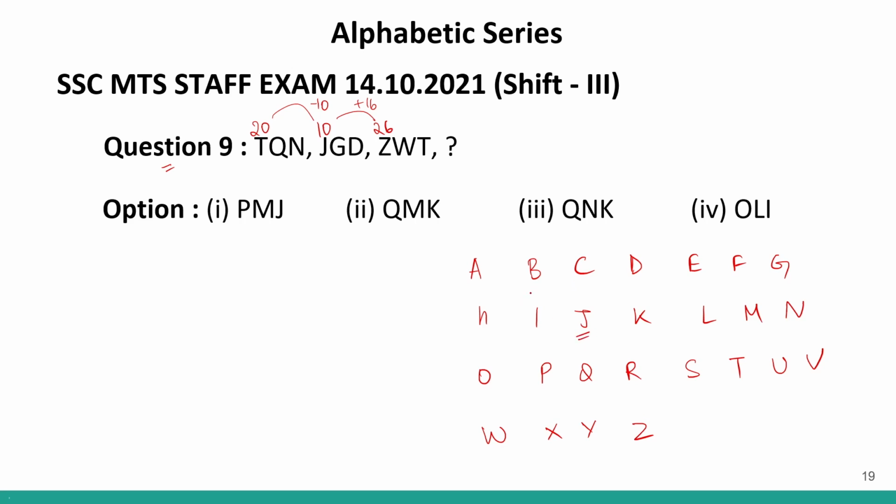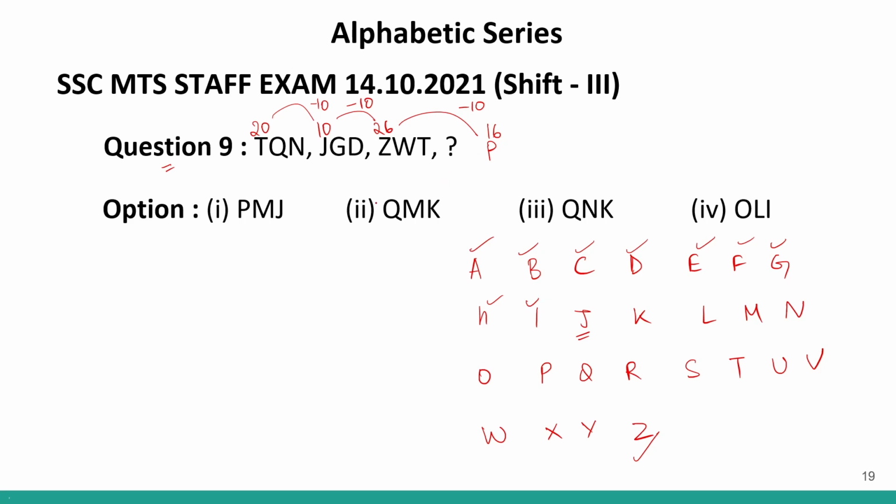So I will get 1, 2, 3, 4, 5, 6, 7, 8, 9 and 10. If I go back 10 positions, I will go to Z. So now I will go back 10 positions to go to my next letter, which is 16th position. And at 16th position, we have P.